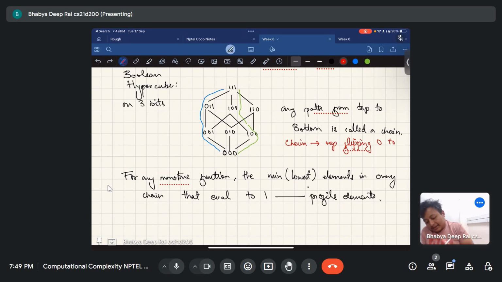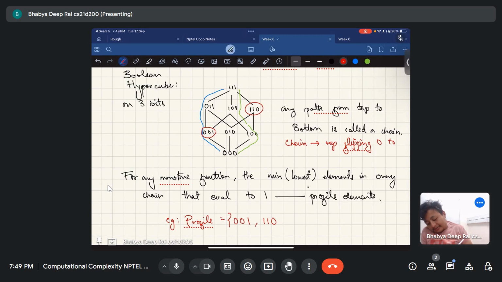For example, suppose this red element and this 110 evaluate to 1. Example, profile elements are 001 and 110.